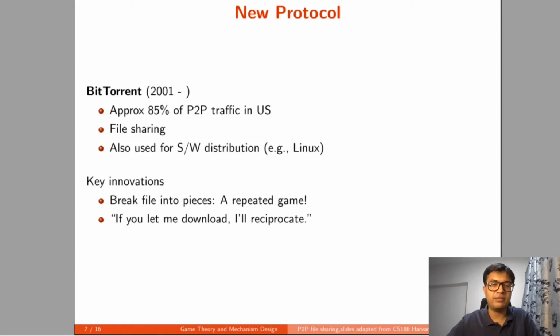The driving principle goes as follows. The BitTorrent client says that if you let me download, then I will also reciprocate. And this client is running in every peer's system, and they are all using the same principle. So it is only sharing with those other peers who are letting this peer download.